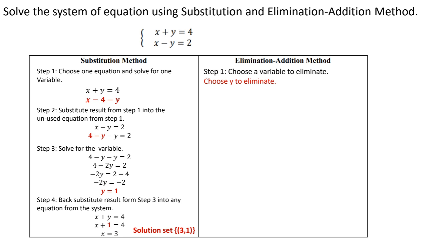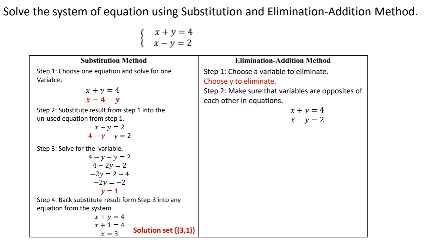The reason why I want to eliminate the y's is because I see that just by adding the two equations, I don't have to do anything other than add them, and the y's would go away. So let's go ahead and do that. I have x plus y equals 4 and x minus y equals 2.